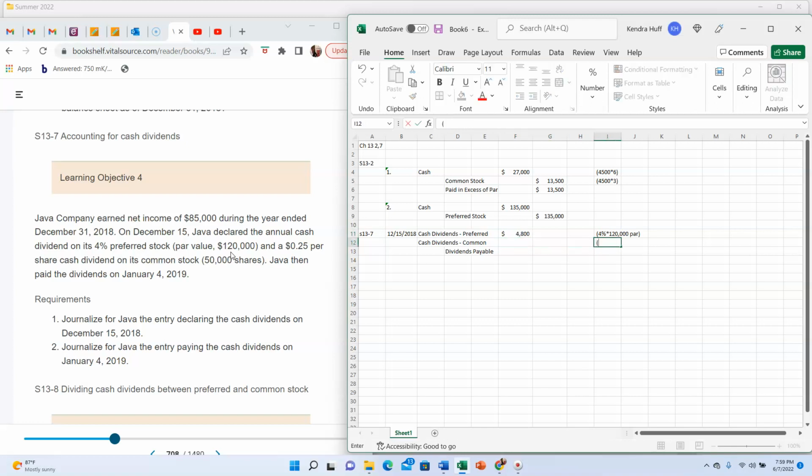All right, the common shareholders get 25 cents times the 50,000 shares. So 0.25 times 50,000. And then you just add those 2 up.